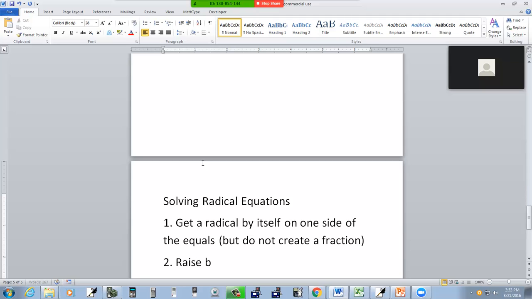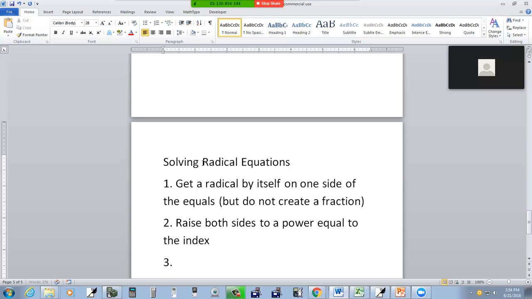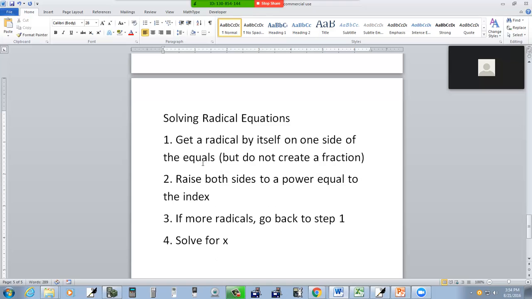Step 2, raise both sides to a power equal to the index. Step 3, if you have more radicals, go back to step 1. Step 4 is solve for x. And that's pretty vague. That's what we're doing initially.